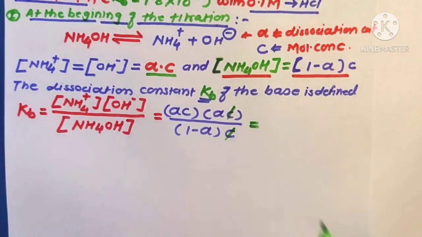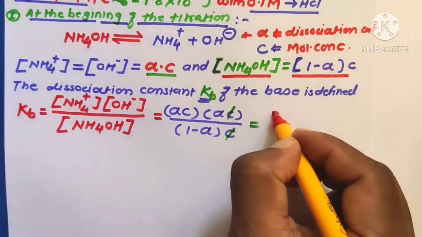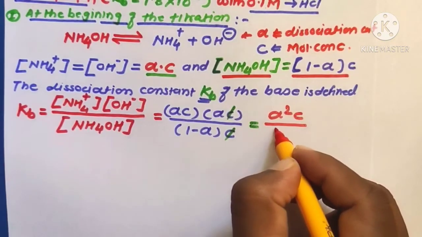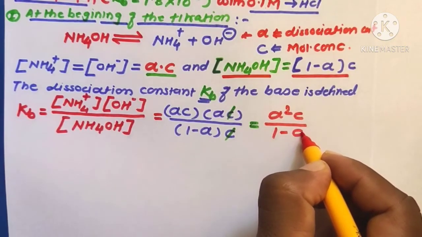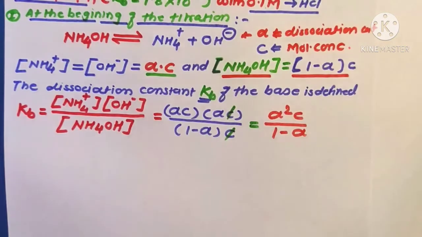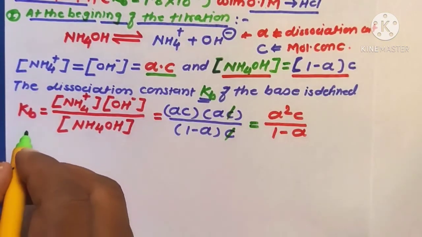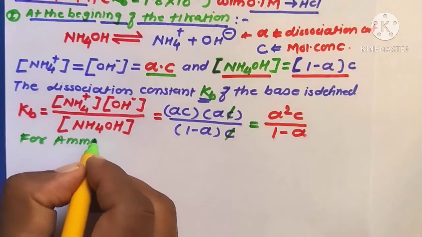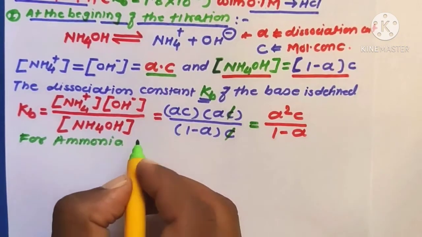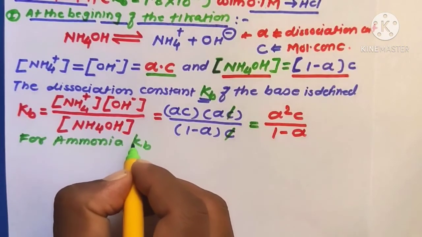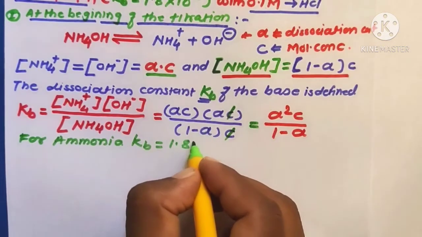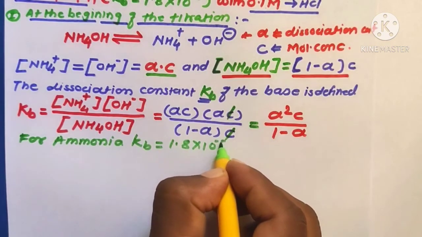We get alpha square into C divided by 1 minus alpha. For ammonia, the Kb is equal to 1.8 into 10 raised to minus 5.